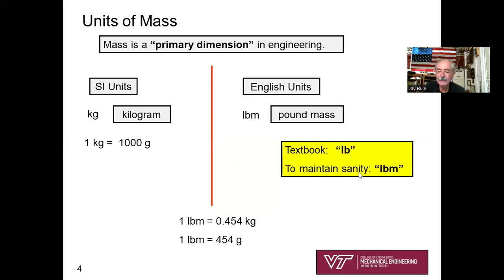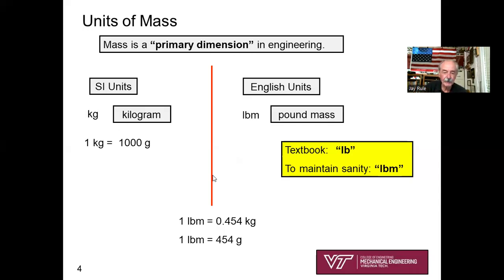And so in order to maintain your sanity, if you're copying things out of the book, don't just blindly copy. When you see the unit LB, write out in your work LBM. That's what I do. And that enables me to maintain my sanity in thermal systems work, both as a student and practicing engineer. I'm not kidding. LBM, that's my strong recommendation.